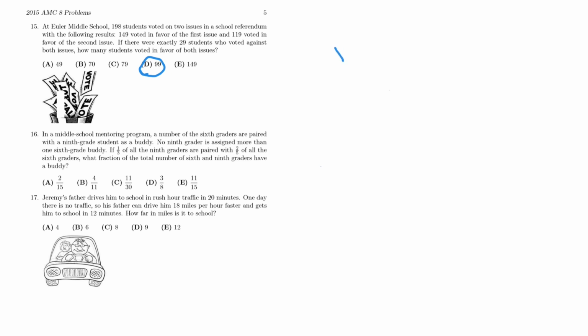Let X be the total of the 6th graders and Y the number of 9th graders. So 1/3 of the 9th graders, that means 1/3 of Y, they are paired with 2/5 of all the 6th graders.